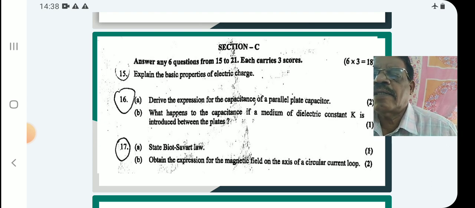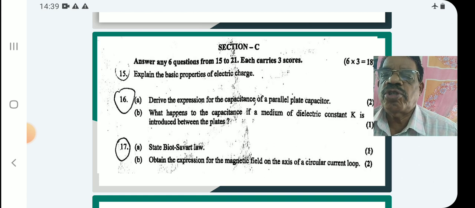Each carries 3 marks. Question number 15, explain the basic properties of electric charge.